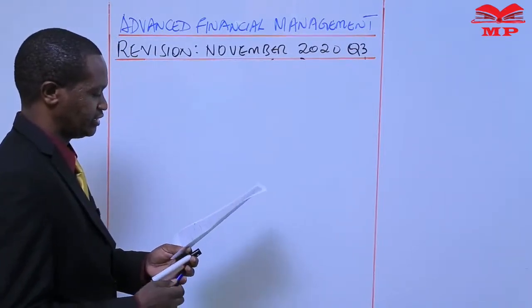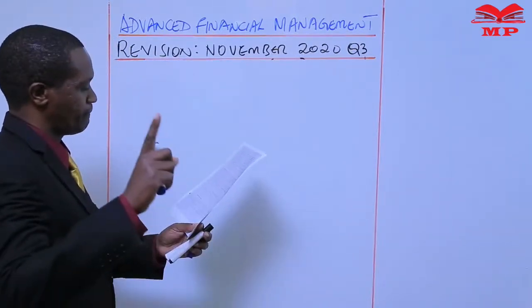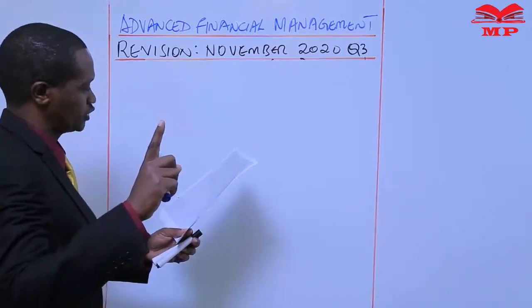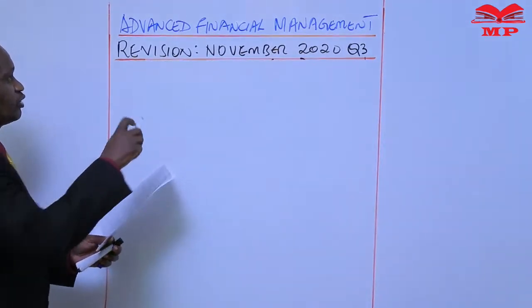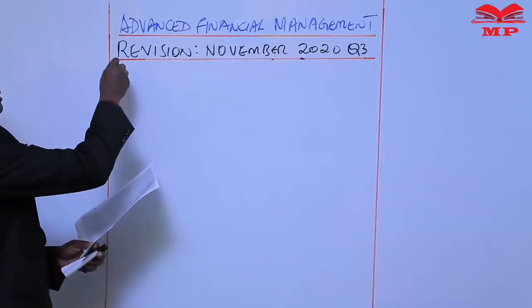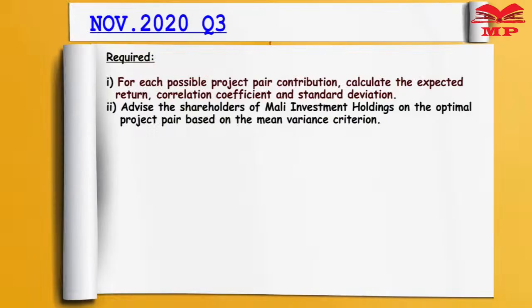We are going to take, first of all, question B, Roman 1: for each possible project pair combination, calculate expected return, calculate correlation coefficient, calculate standard deviation.